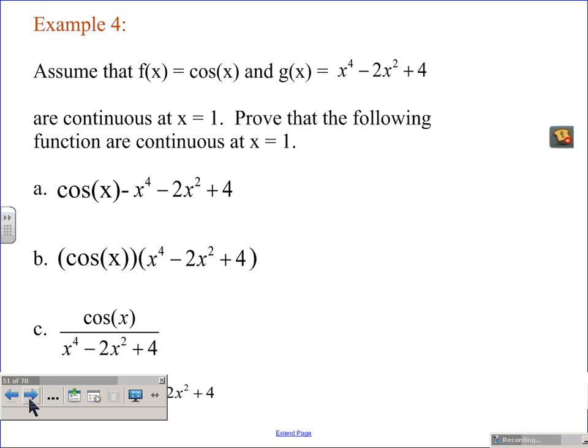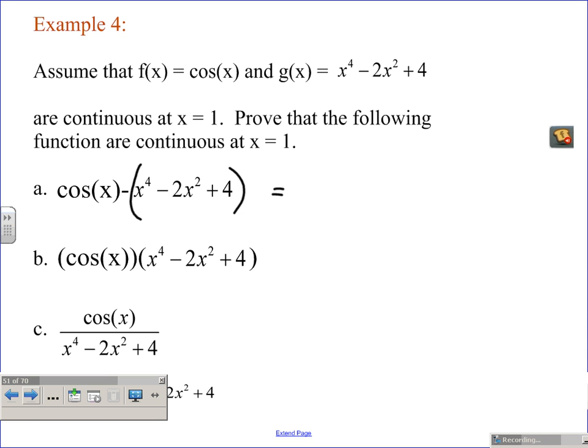Here we have two functions, f of x and g of x. One is a trig function and the other is a polynomial function. So both of those are continuous at x equals 1, and we want to prove that the others are continuous. So I need to add parentheses here to a. I forgot to put those in.